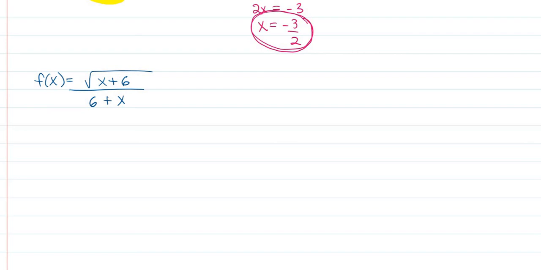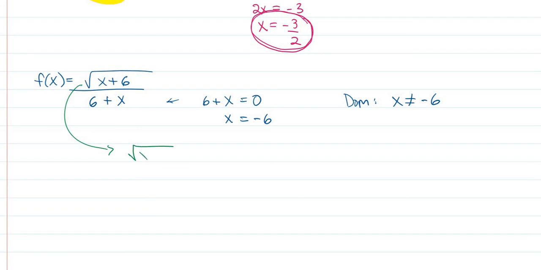Let's start with our denominator. If we set the denominator equal to 0 and solve, we get x equals negative 6. So for our domain, the first part is that x can't equal negative 6. So far we can have all real numbers except negative 6. Now let's look at the numerator.